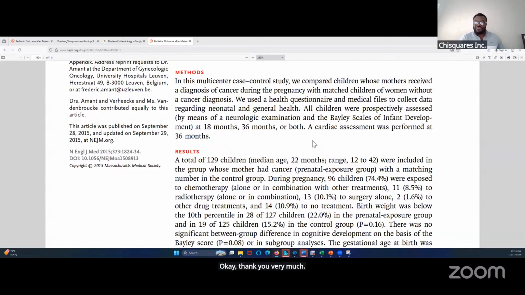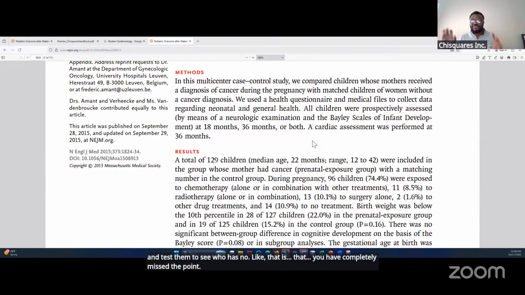So that's the first thing you have to do, right? If you're writing a proposal or a protocol for a case control study, the first thing I want to see is how are you identifying the cases? And what I don't want to see is you saying, oh, I'm going to gather a bunch of kids and test them to see who has no. Like that, you have completely missed the point of the case control study.